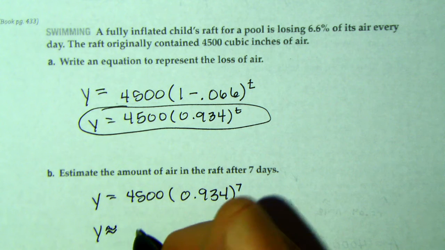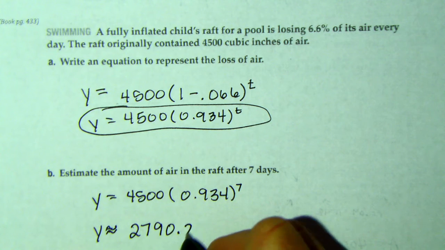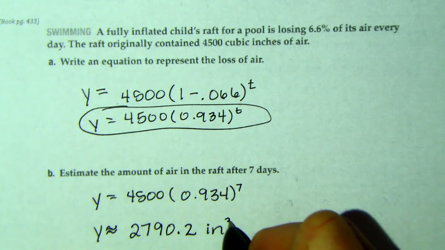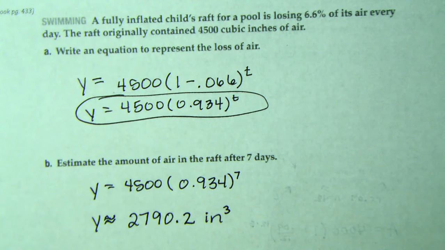So again, I'm going to do approximately. Cubic inches, right? How many decimals? I went 1. 2 would work too. I didn't specifically say, so 1 or 2 is fine. And you got cubic inches because it originally contained 4,500.